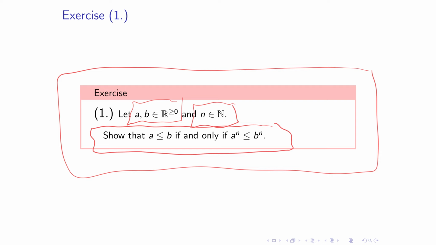And by the way, when I say preserve order, this is what I mean, right? So this is exponents preserving order. So the direction of the inequality is kind of preserved after taking natural number exponents.